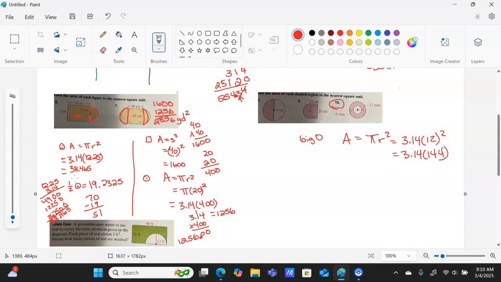So 4 times 4 is 16, carry the 1. 4 plus 1 is 5. 4 times 3 is 12.